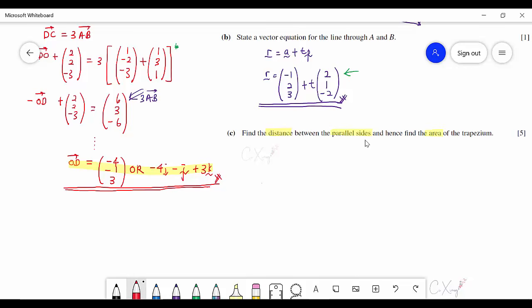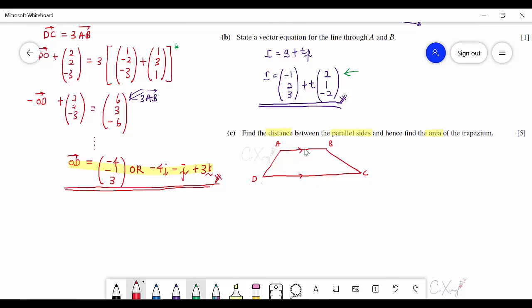First of all, we need to know roughly how our trapezium looks. We have ABCD. A trapezium generally looks something like this, so I label this as A, B, C, and D, and AB and DC are parallel. This is quite true because DC equals 3AB, so AB should be shorter. Now they want you to find the distance between the parallel sides.